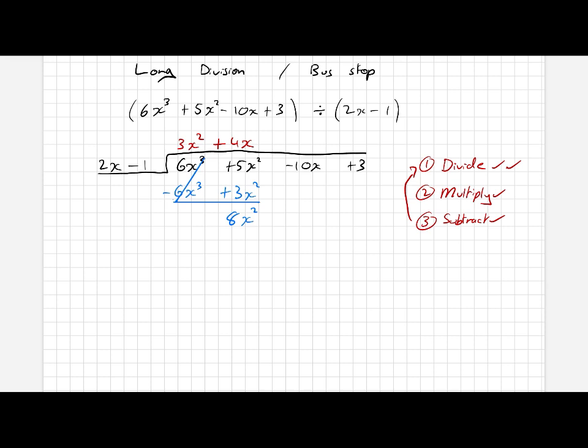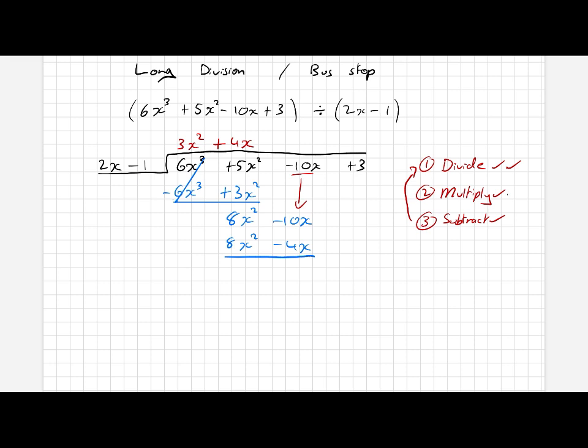So again, I'm going to multiply. The answer I got this time was 4x, so that's going to get multiplied by all of this, 2x minus 1. 4x times 2x is 8x squared, and again it's going underneath, and 4x times minus 1 is minus 4x. Now I need to subtract, but I've got a problem. This negative 10 is still there, so I'm just going to bring that down and write my negative 10x above here to make it clear.